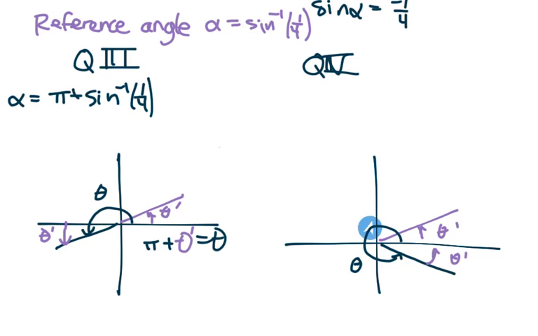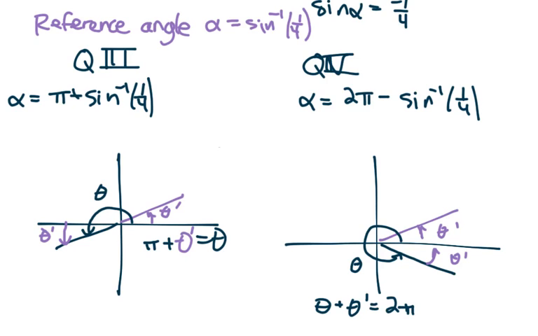You should notice, however, that if I take this bit and I go theta prime more, I have suddenly made a full revolution, 360 degrees, 2 pi radians. So in the fourth quadrant, theta plus theta prime is equal to 2 pi. So if you know theta prime, and you want theta, you should solve this equation for theta. The angle in the fourth quadrant will be 2 pi minus sine inverse of 1/4.